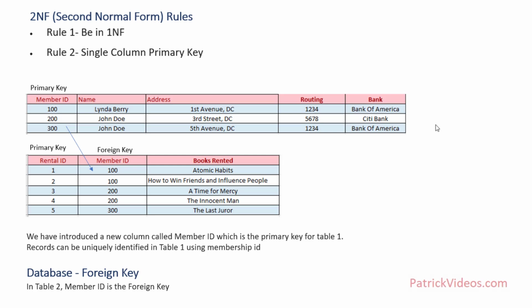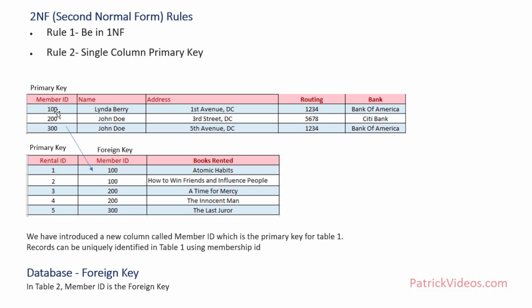So now we are going to have one table for the members with their membership ID. For example, Linda Berry will have a membership ID of 100, John Doe of 3rd Street will have membership ID of 200, and John Doe of 5th Avenue will have membership ID 300. And the books they rented will now be in a separate table, something like this. You can see that right here, the membership ID 100 has rented Atomic Habits. Membership ID 100 has rented How to Win Friends and Influence People.